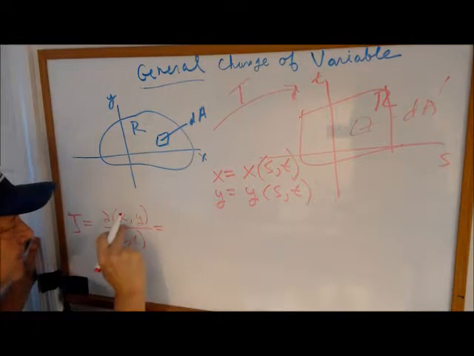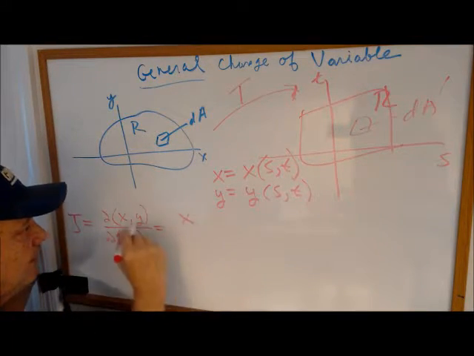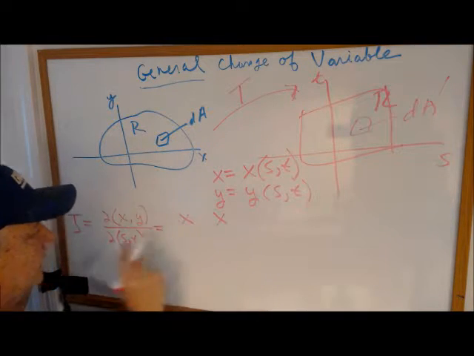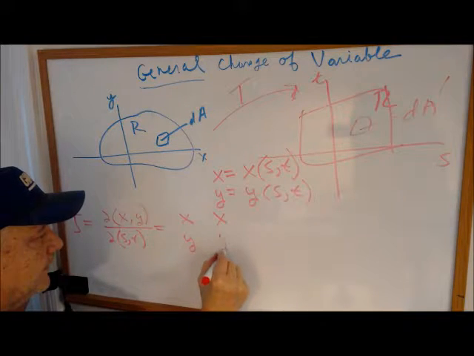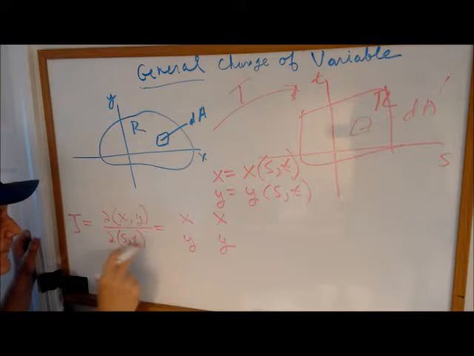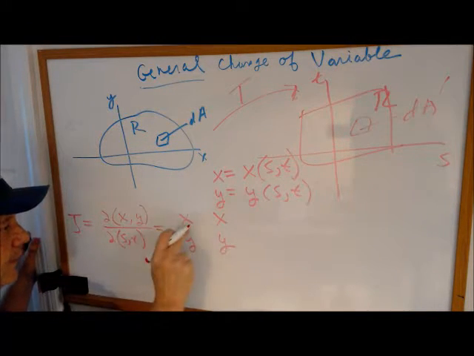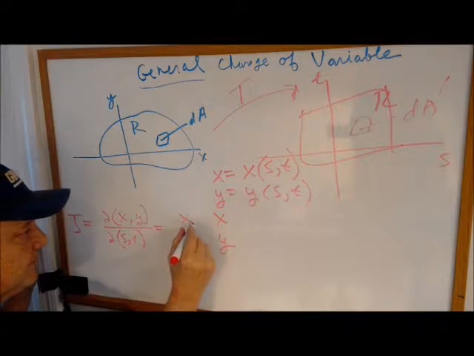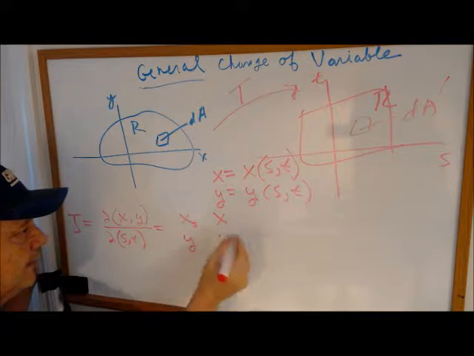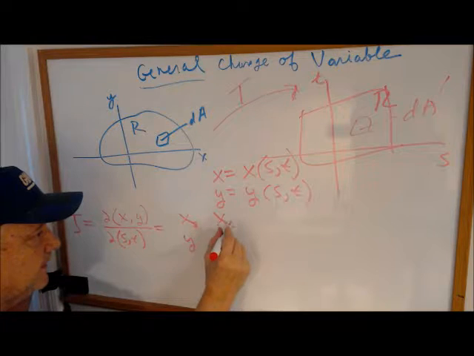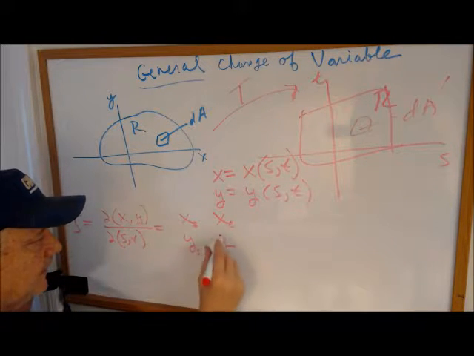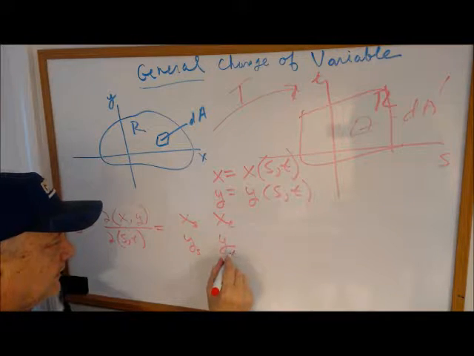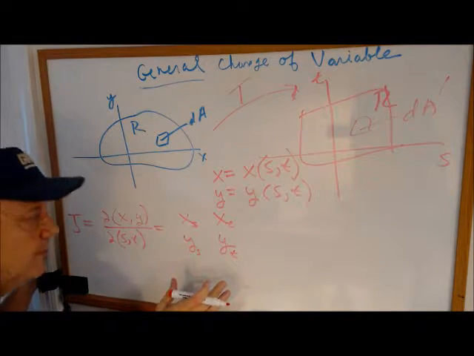The way you write it is you take x and repeat it, and you take the second variable, y, repeat it. And then for the new variables, s and t, we take the partial of x with respect to s, partial of x with respect to t, partial of y with respect to s, partial of y with respect to t.